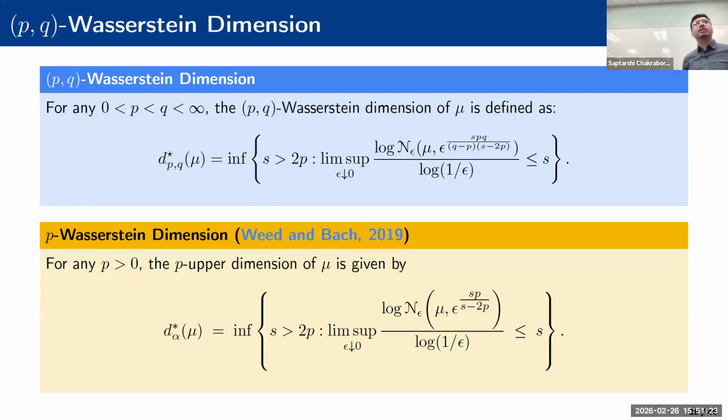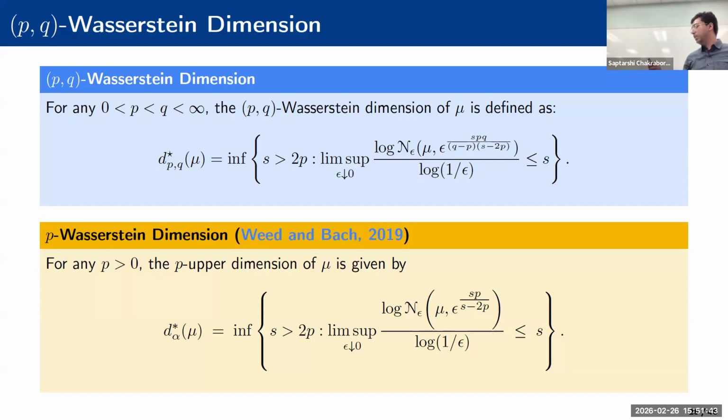Any questions? Yes. Right. The P comes from the fact that we are trying to characterize the P Wasserstein distance, and Q comes from the fact that we only want to assume a qth moment condition on the data distribution.